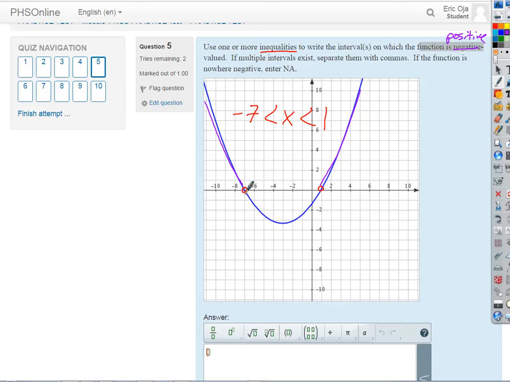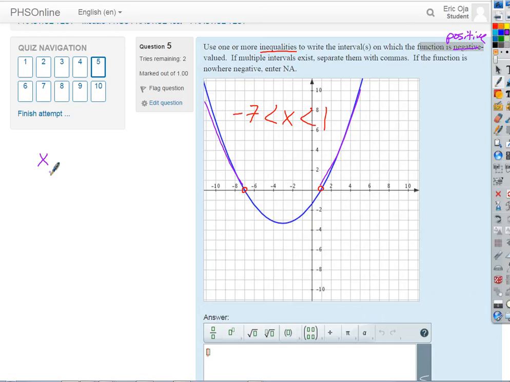Okay, so that's the correct answer for the first part. What about for the second part? If I want to know where it's positive, how would I say this interval right here? What x values would have the ant be above the x-axis? Yeah, x less than -7, right?